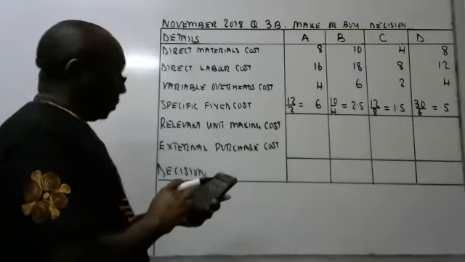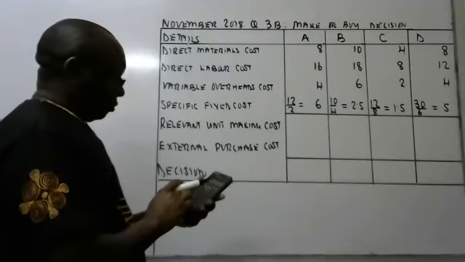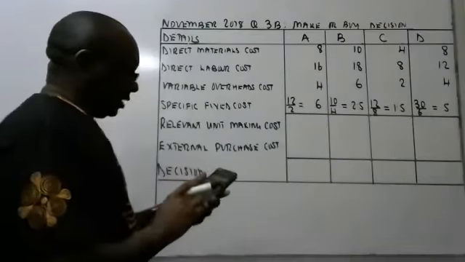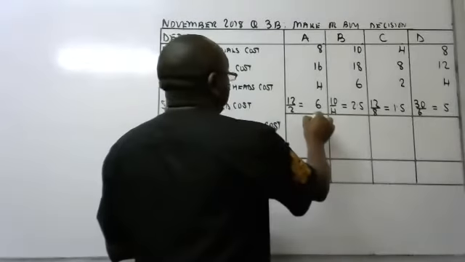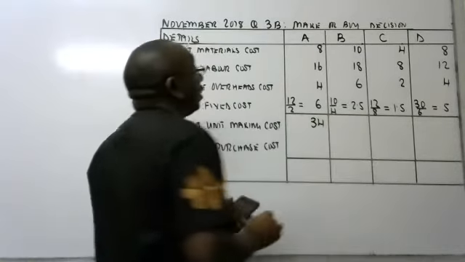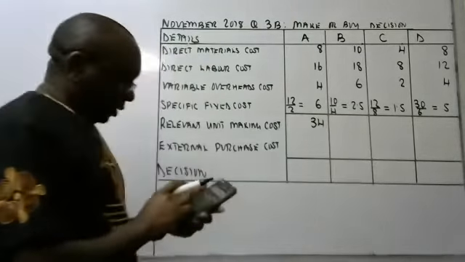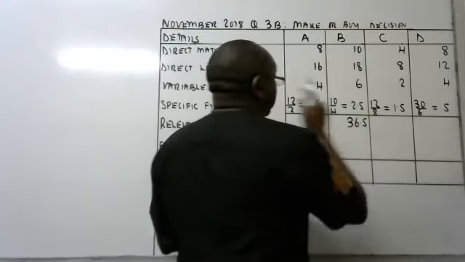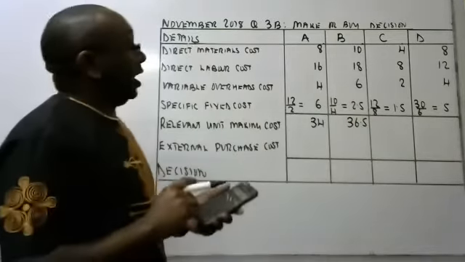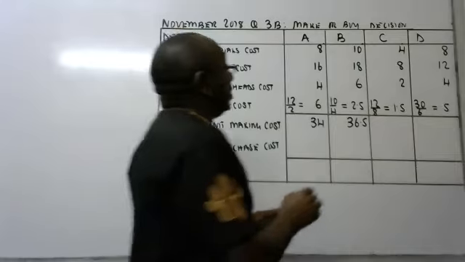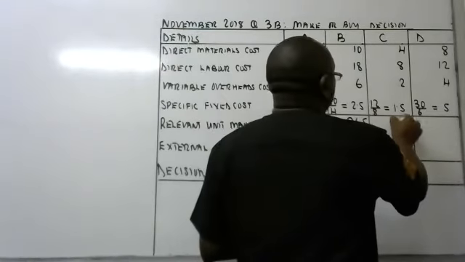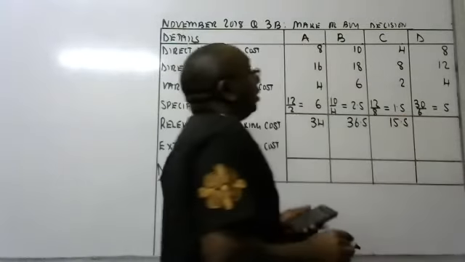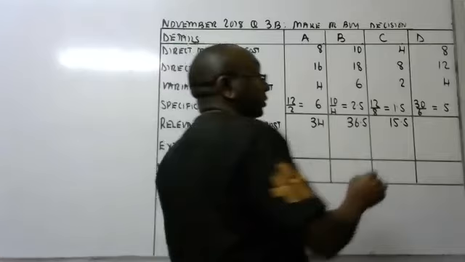Then you add those costs. You say 8 plus 16 plus 4 plus 6 is 34. 28 plus 8.5 is 36.5. Then 14, that is 15.5. 29.